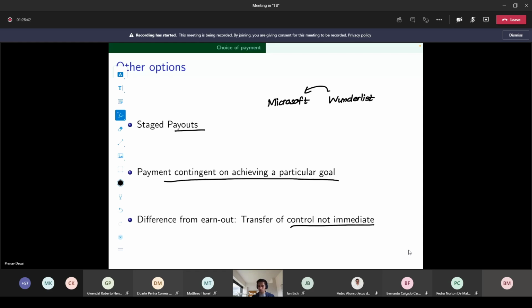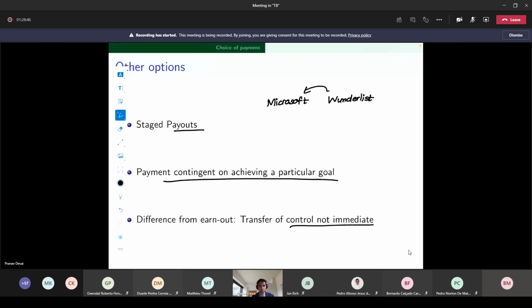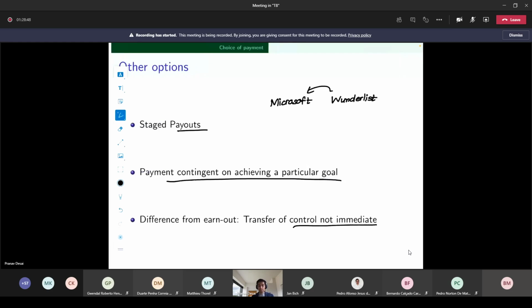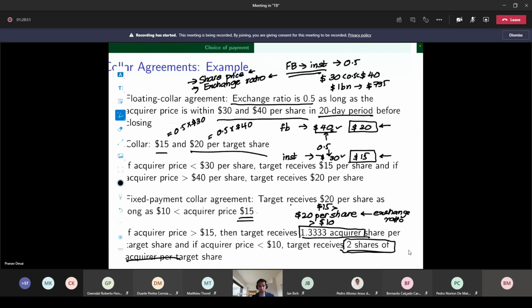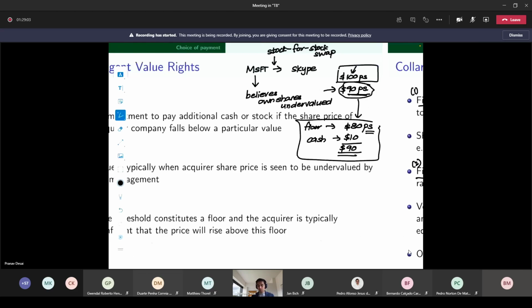So what we have covered so far are the different types of options and how to calculate an exchange ratio. From the perspective of the exam, this is not just going to be a particular calculation which is going to stand on its own, it's going to be a part of an overall valuation.